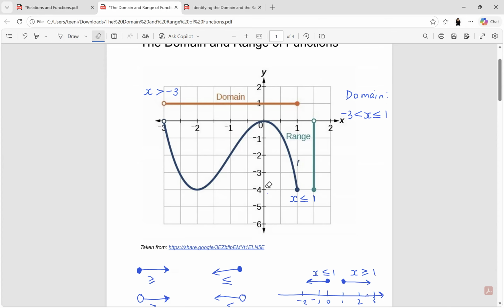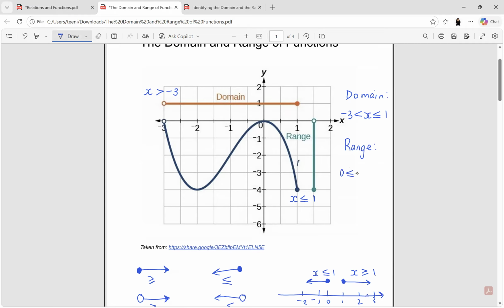On the same hand, no point has a y value greater than 0. So your range of this function is y less than or equal to 0 and greater than or equal to -4. So that's how I would write the range.